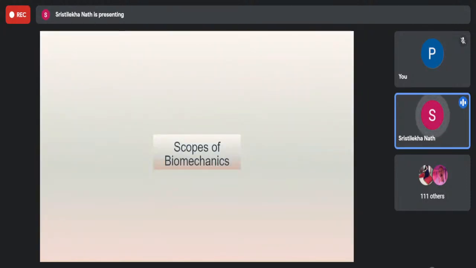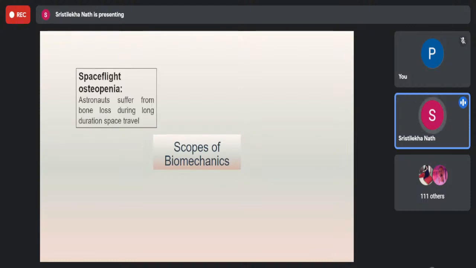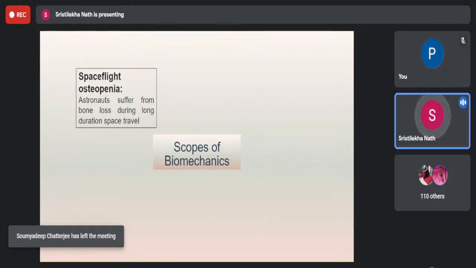And there are several scopes of biomechanics. One of the very famous phenomena is spaceflight osteopenia. When astronauts travel for a long duration in space, they are found to suffer from bone mass loss. This loss of bone mass is a condition we can compare with osteoporosis.